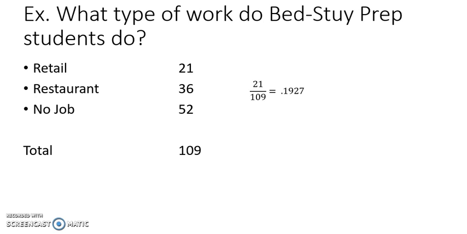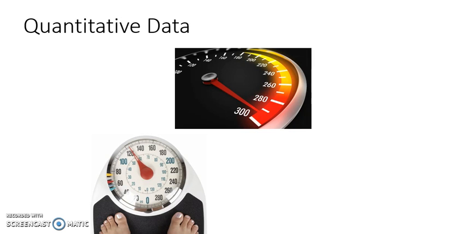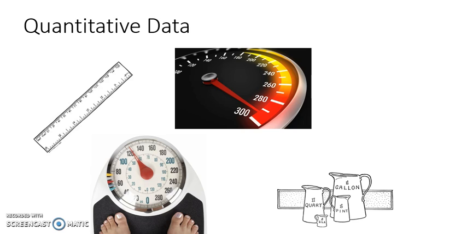I should always get a decimal less than 1, and this can easily be converted to a percentage by multiplying by 100. Now there is another type of data, and it's called quantitative data. This is the data I can measure. So for example, I can measure speed, I can measure weight, I can also measure length, I can measure volume, and I can even measure the number of beats per minute of a heart.